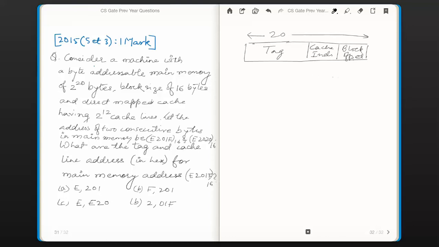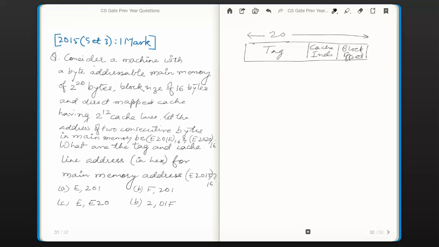Right? So here, notice one thing, that the memory is byte addressable. The statement that the address of two consecutive bytes in main memory be E201F, E2020 is superfluous, it was not needed, because it says that consecutive bytes have different addresses. That means the main memory is byte addressable.